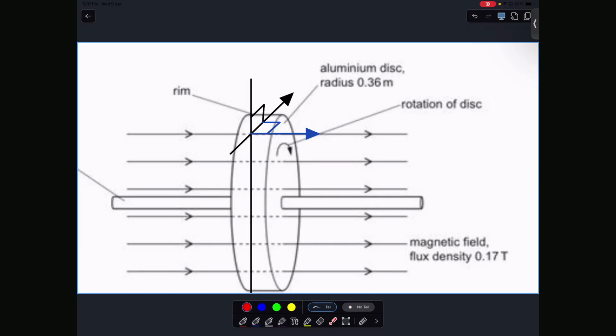So I'm left hand, F B I, F is that way, B is this way, current is upwards. The induced current is going to be pointing which way? Downwards. And the question says which way is the current flowing? It's going to be rim to axle.